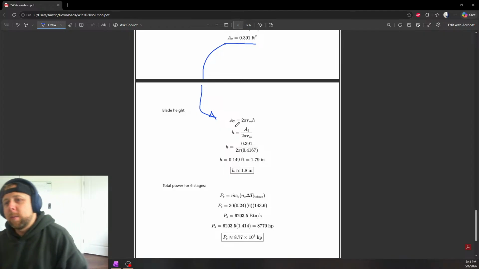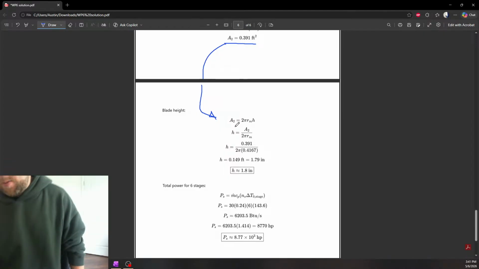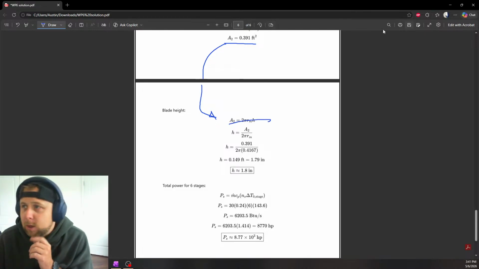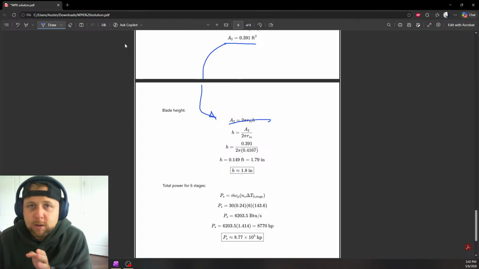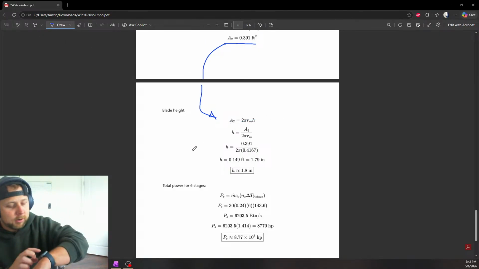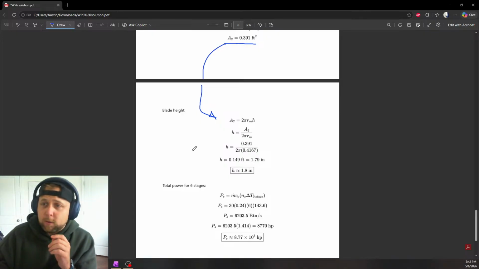2 pi rm h. I need to remember that one because I don't think this is actually in her breakdown or our breakdown for the formula sheet at all.